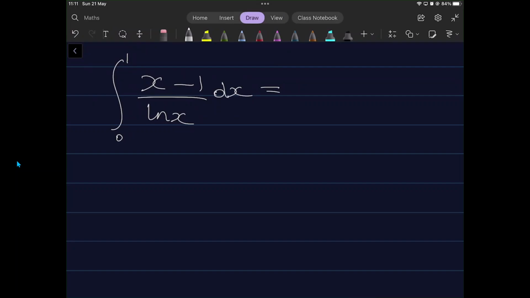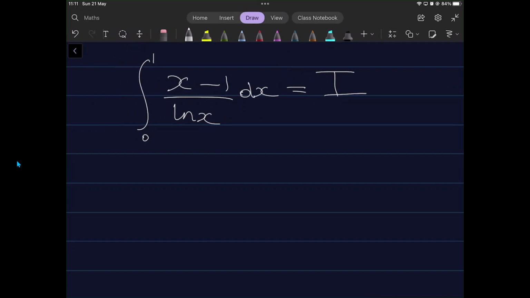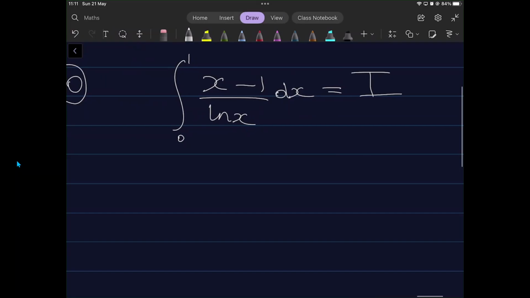But before we do that, let's label this integral as I, so that we have convenience. We don't need to write this integral 50 million times. So now let's do something called parameterization. F is our function of a new variable. What should we call our new variable? I'm going to call it t.